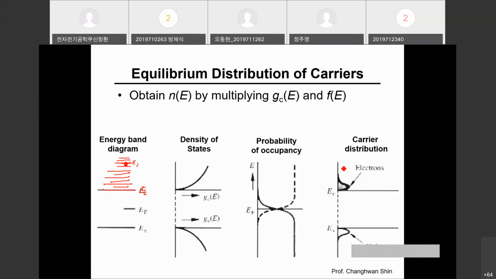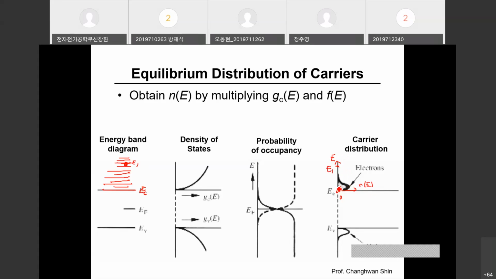On the right-hand side, you can see the distribution of electron concentration as a function of E. So at this very high energy state, the number of electrons is almost zero, nothing, right? Why is that? Electrons prefer to have the lowest energy state in the conduction band.